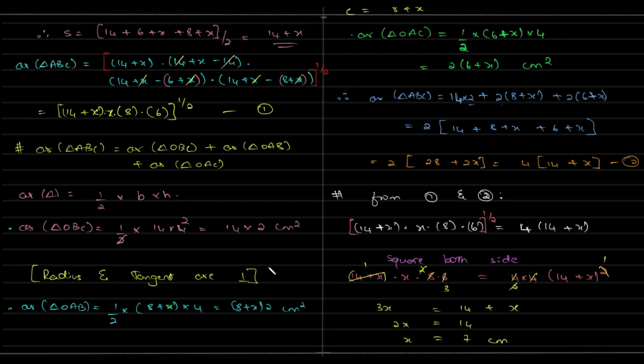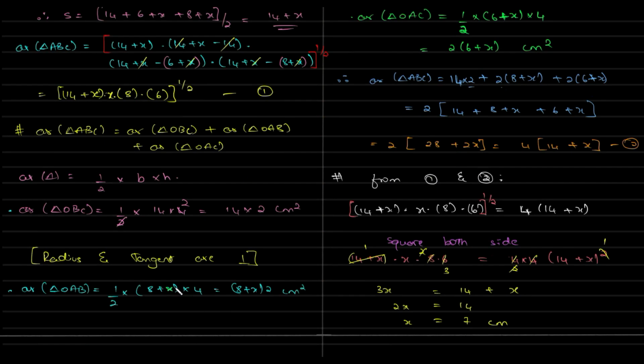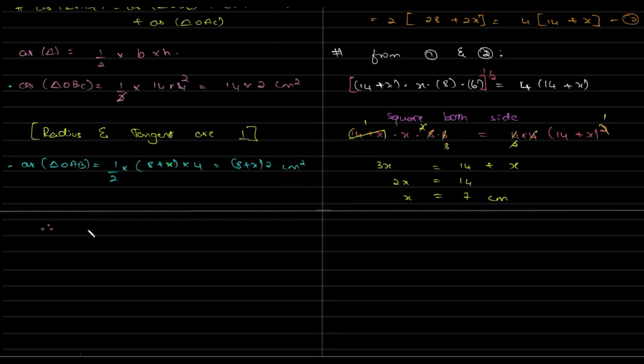So we found x and that's it. Everything else will fall in place. So long calculation, conceptually it's not too hard, but the calculation is long. So AC will be 13 and AB will be 15, right? Therefore, AC is equal to 13 centimeter and AB is equal to 15 centimeter.